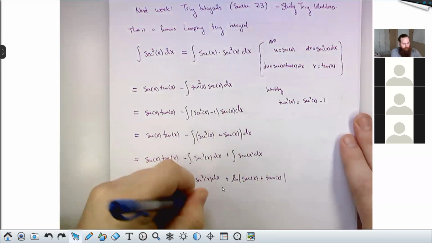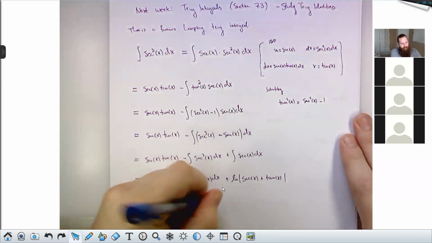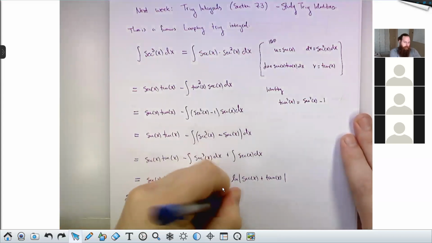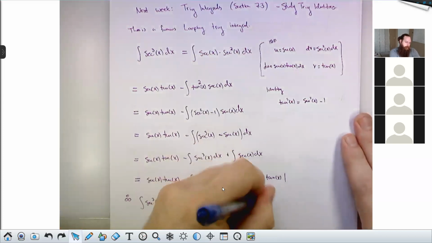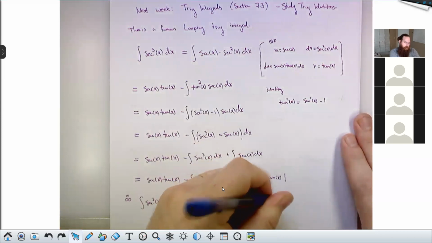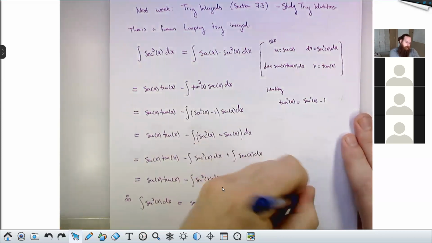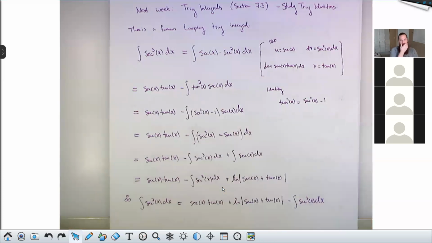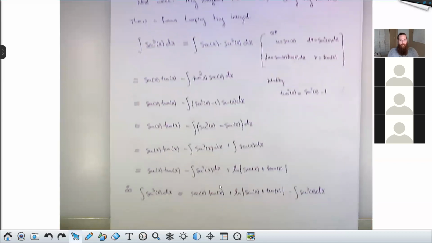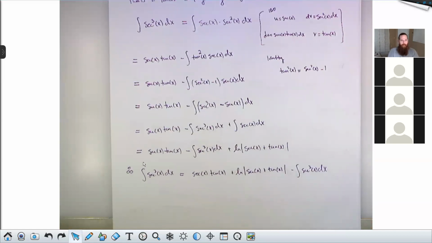So I'll have secant x tangent x plus the natural log of secant x plus tangent x minus the integral of secant cubed x dx. And this is what we mean by looping, right? My original integral is equal to some stuff minus my original integral. So now I add this back over.